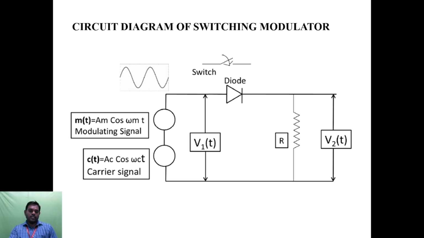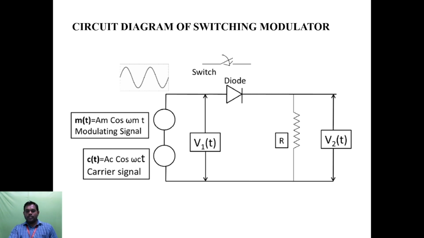Here we represent m of t equal to Am cos omega m t, and c of t equal to Ac cos omega c t. Here m of t is a low frequency signal and c of t is a high frequency signal. We are combining the two signals, and V1 of t is the combination of m of t plus c of t.